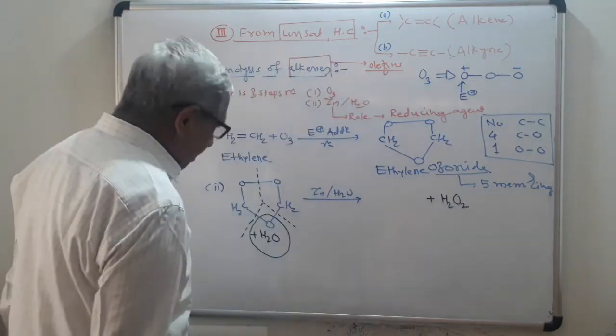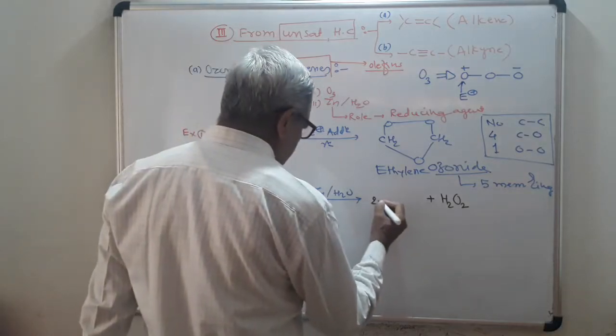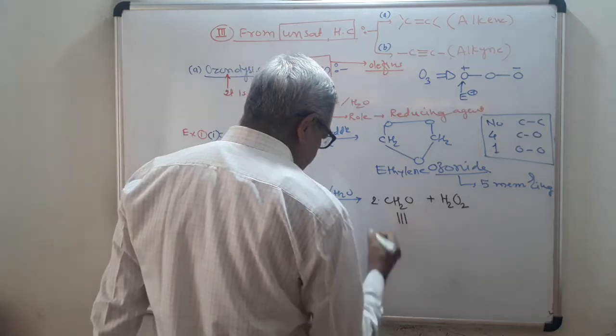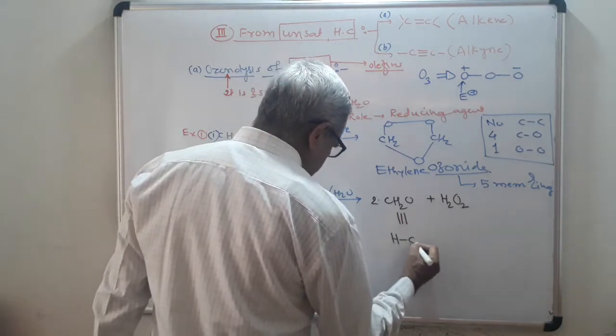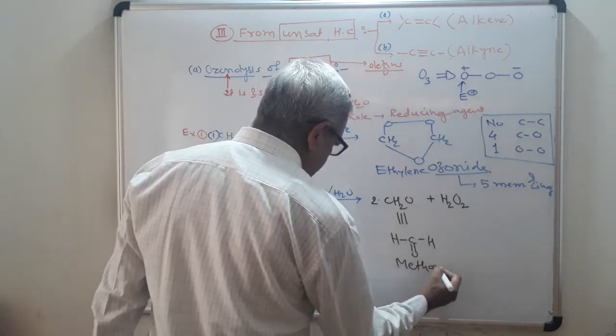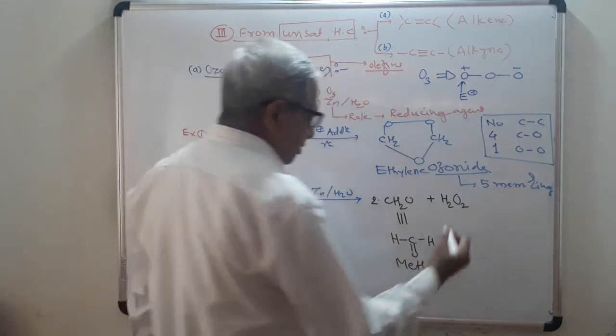And see the remaining product, 2 molecules of CH2O. These are nothing but identical H-C double bond-O-H, that is formaldehyde. The IUPAC name is methanal. Now see, hydrogen peroxide is the oxidizing agent.